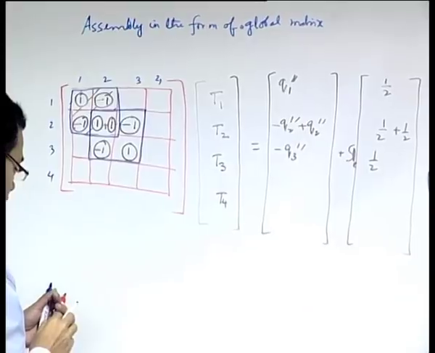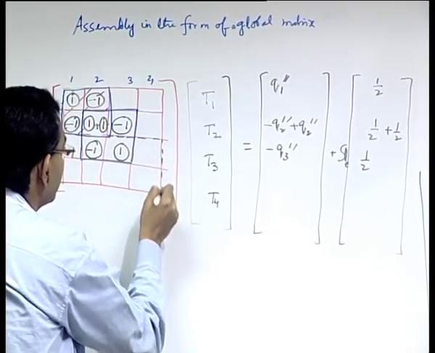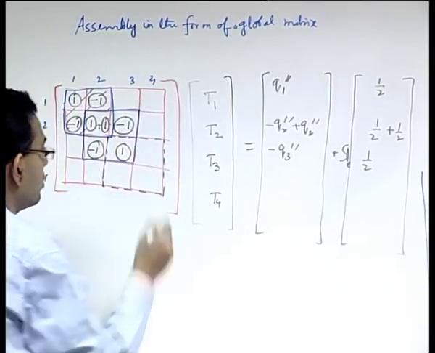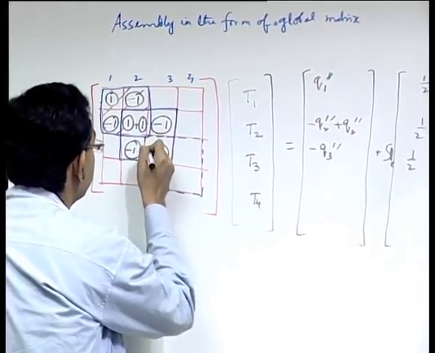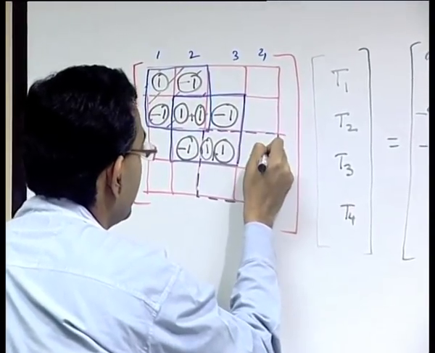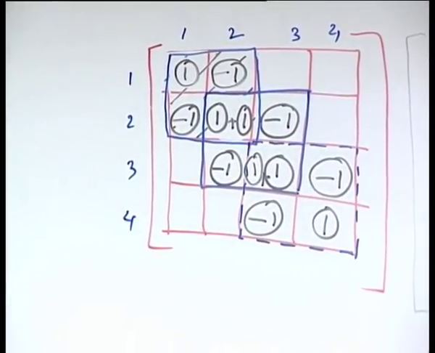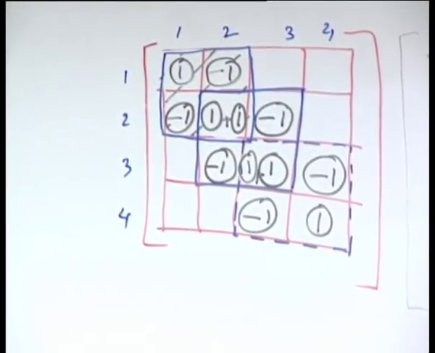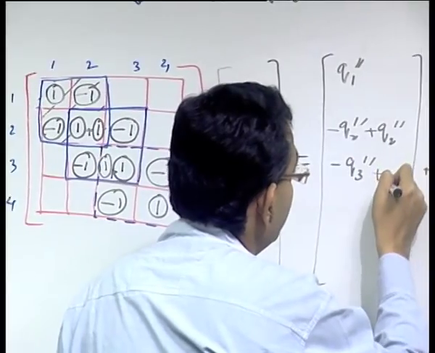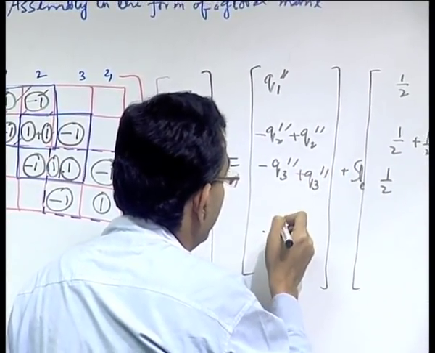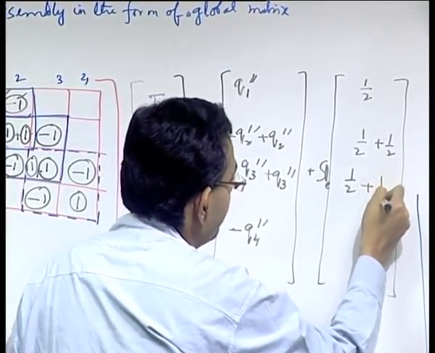Then finally you have this dotted portion 3 and 4. So 1 minus 1 minus 1 1. Here plus q3 and minus q4 plus half and half.